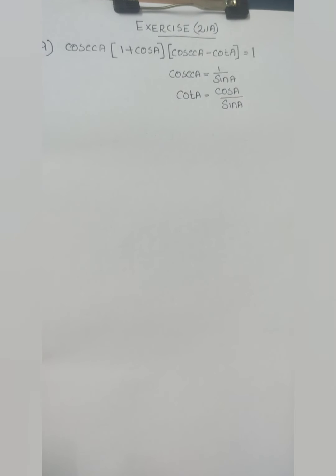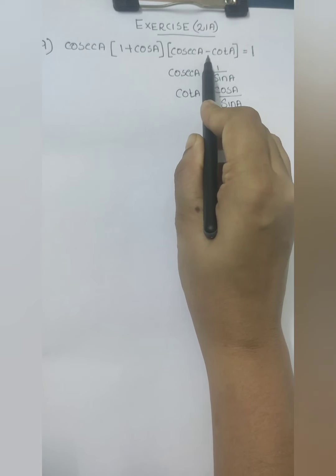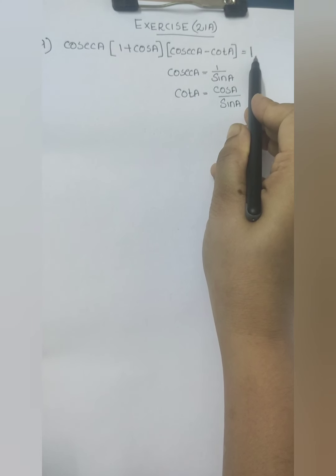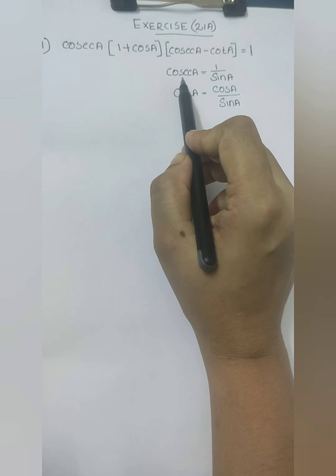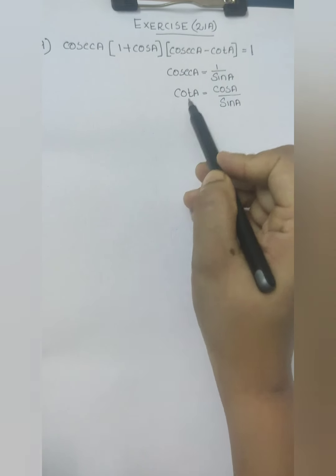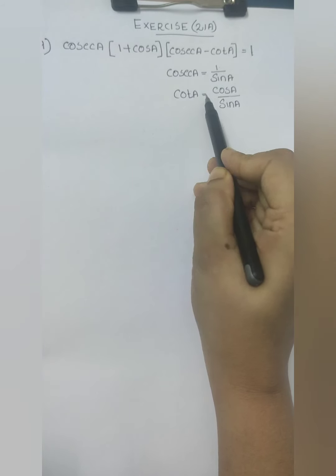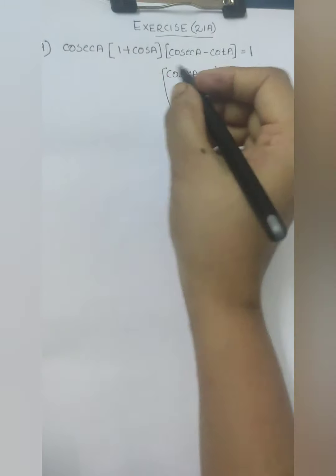Question number 9. Prove that cosec a into 1 plus cos a into cosec a minus cot a equals 1. So we have the reciprocal relationship cosec a equal to 1 by sin a and the quotient relationship cot a equal to cos a by sin a. So we have to substitute these relationships here in the LHS part.